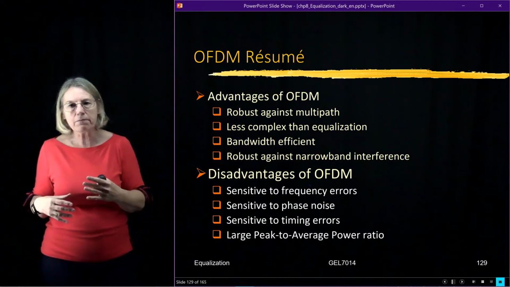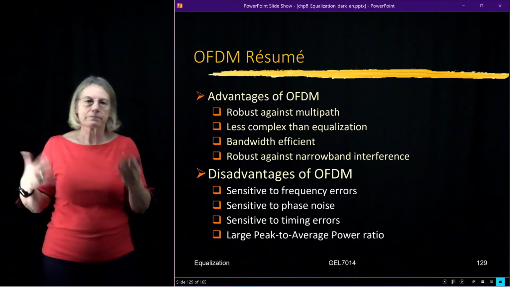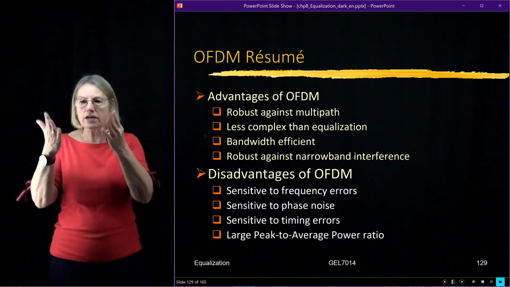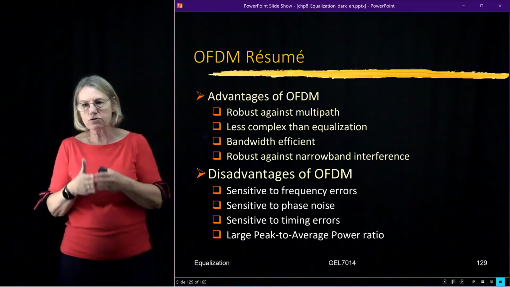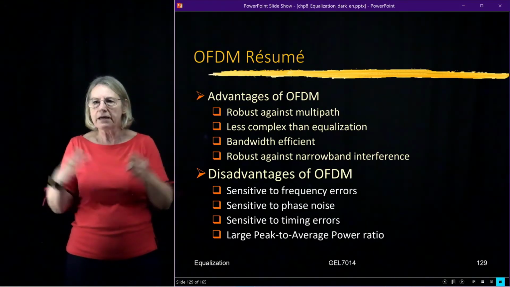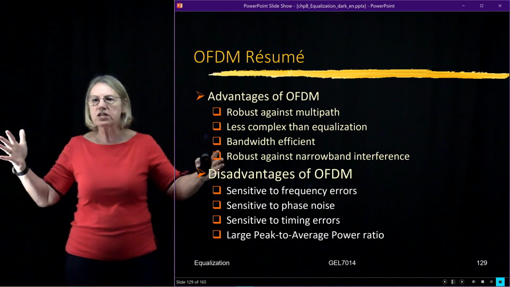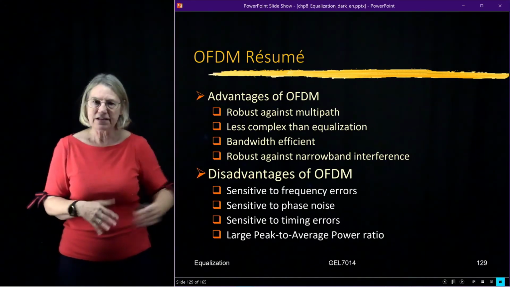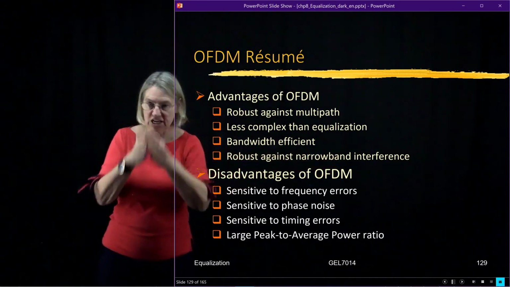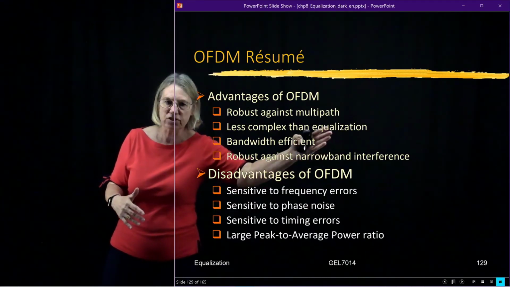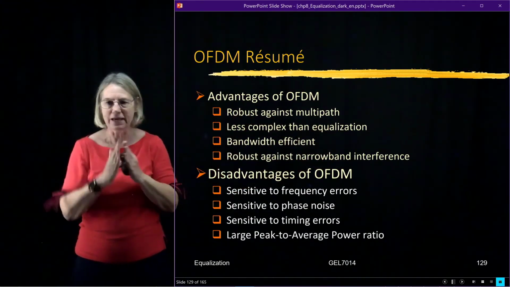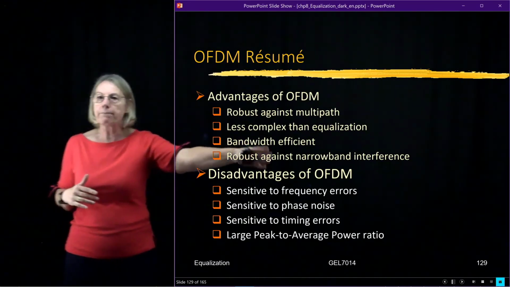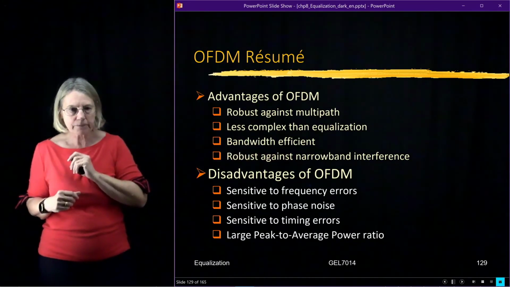I haven't talked about that, but we talked about nulls and the fact that a null will induce a problem in one place, but it won't screw up the whole transmission because it'll just be isolated. And it's the same if it's not just a null in the channel response, but if there's actually an interfering signal, another signal which is narrowband, which is coming and overlaying, it will not be troubled as much by that as well.